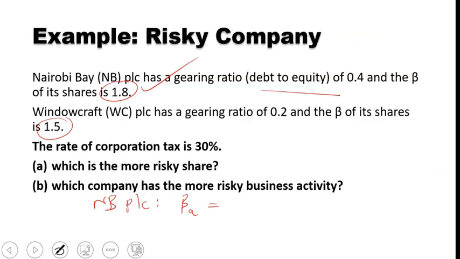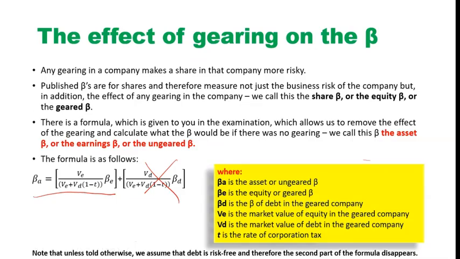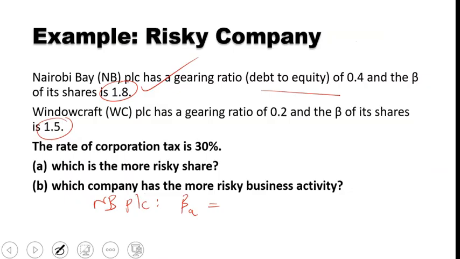Okay, so in this case, if we are looking at these formulas, we can see that the VE is on top, but you need to identify the VEs and VDs. This is our VD.